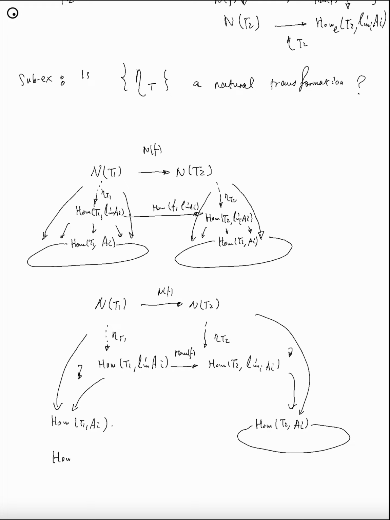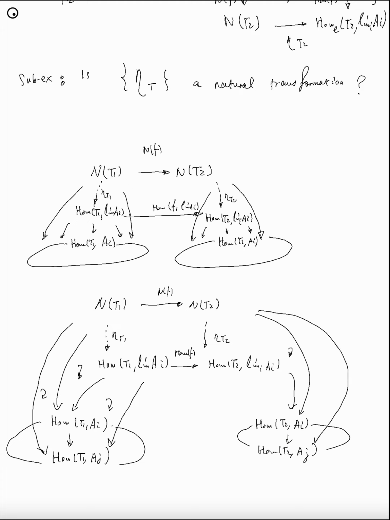Let's say Hom(T1, A_J). Making the diagram commute. Making the diagram commute. Diagram commutes.